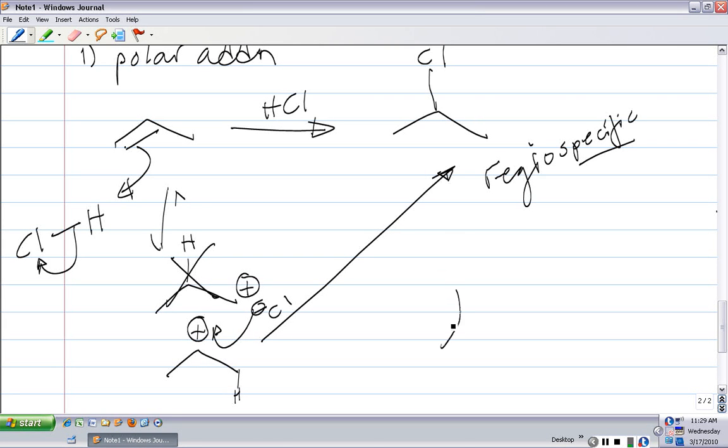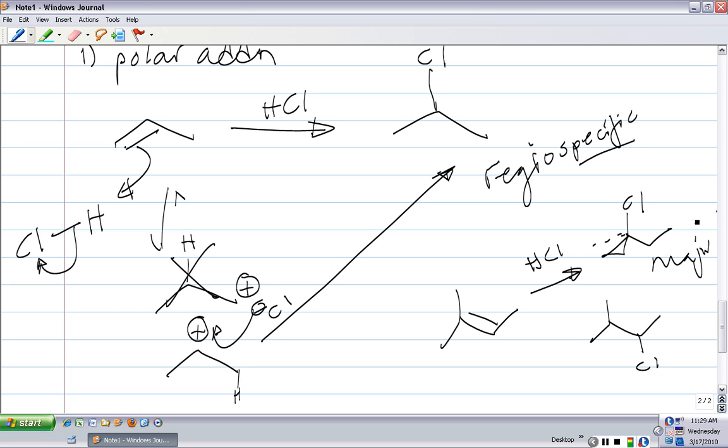Just to remind you, if I started off with this alkene and I treat that with HCl, I would get two products. I would get this one, and I would get this one. This would be major because it goes via the tertiary carbocation.